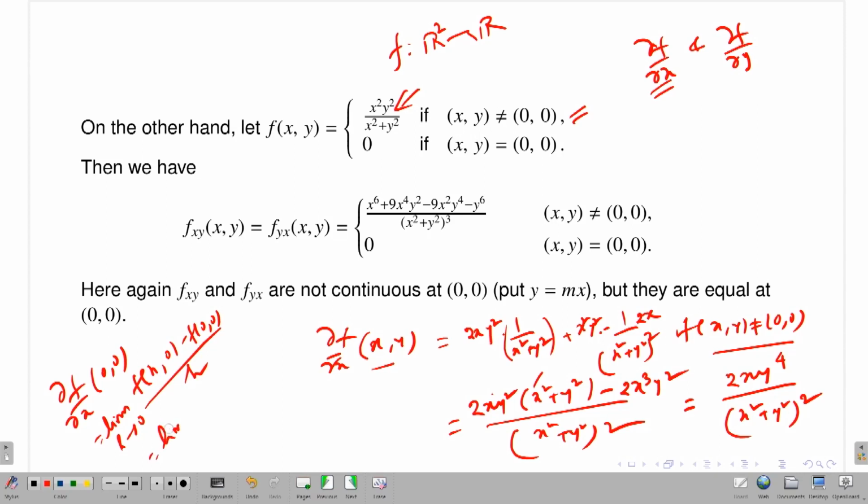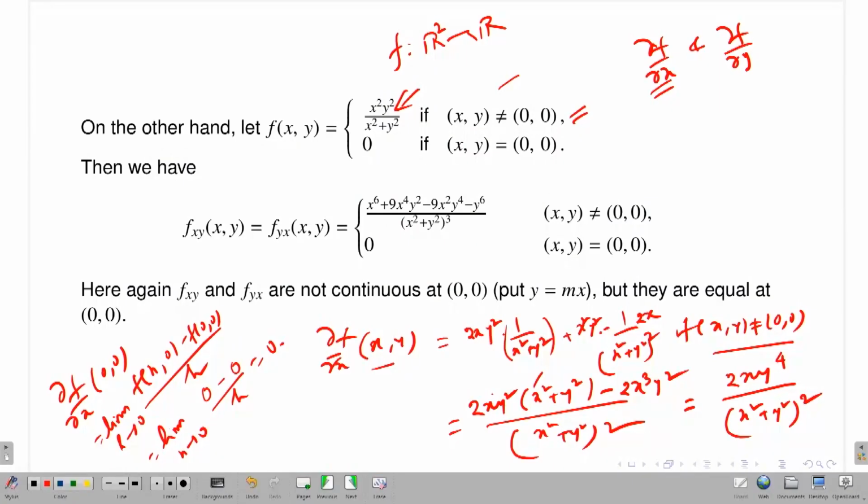What is this? This is limit h approaches 0, f of h 0. Now, the function f is given, right. For f of h 0, x is h, and y is 0. What will be the value of the function? This will be 0. f 0 0 is given to be 0. So, the partial derivative of f with respect to x variable at the point 0 0 is 0.